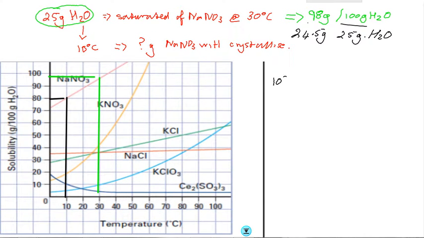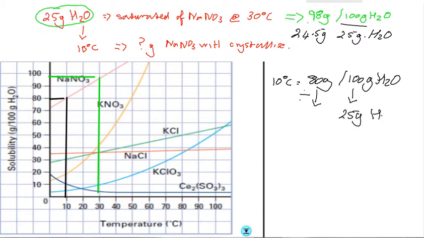So at 10 degrees Celsius we would be able to dissolve, as we found in our last slide, 80 grams, but that is, remember yet again, per 100 grams of water. Now if we divide that by 4, to bring that down to per 25 grams of water, that means we would have 20 grams of sodium nitrate per 25 grams of water.